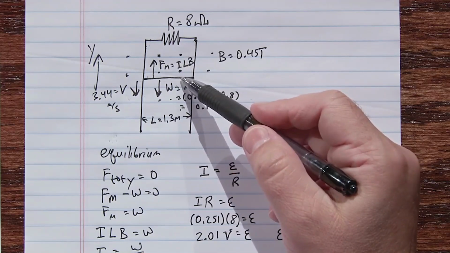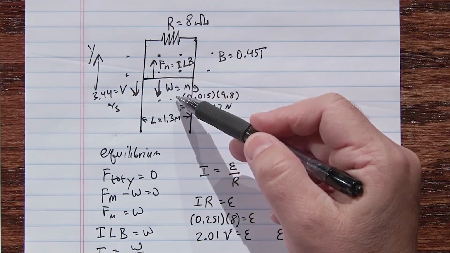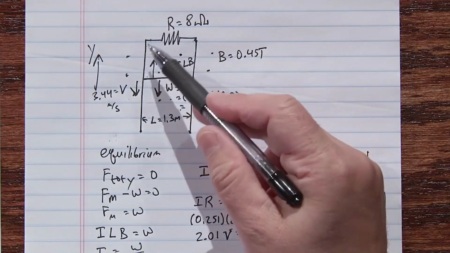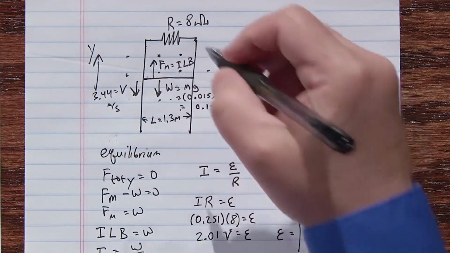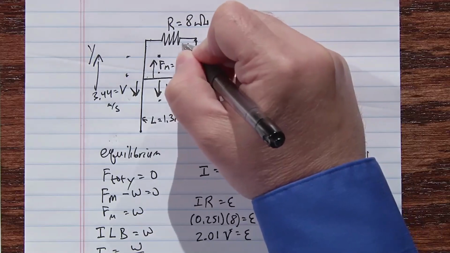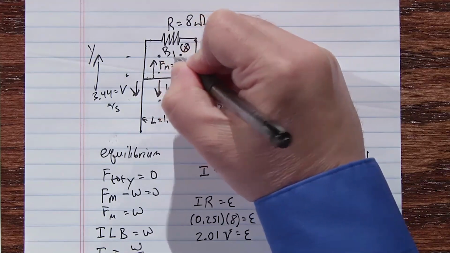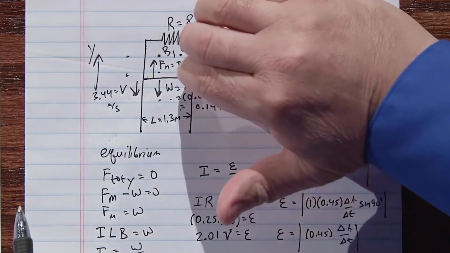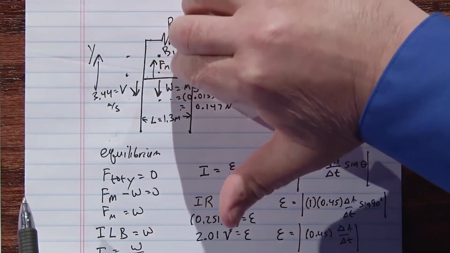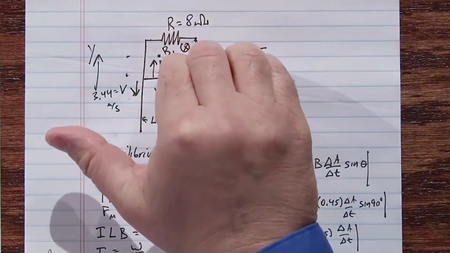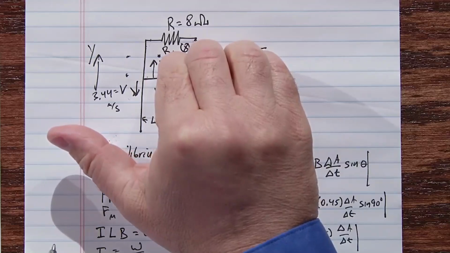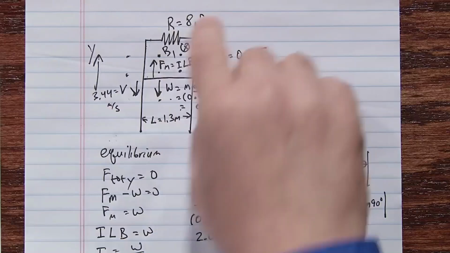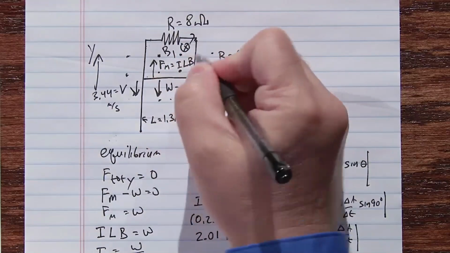As this bar moves downwards, then the magnetic flux through this loop is increasing. So we're going to get a current that gives us a B1 that is into the page. And so that would be a current that is down on this side, to the left on the bottom, up on this side, and in this direction on the top.